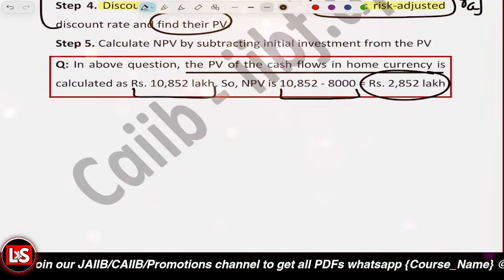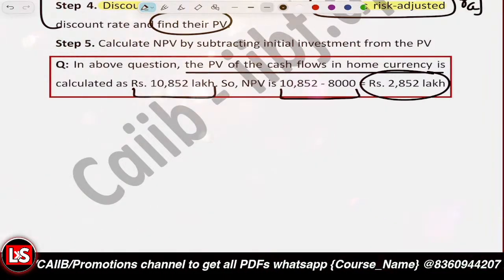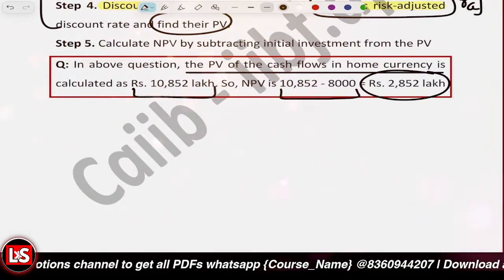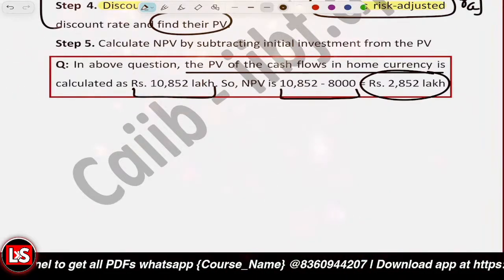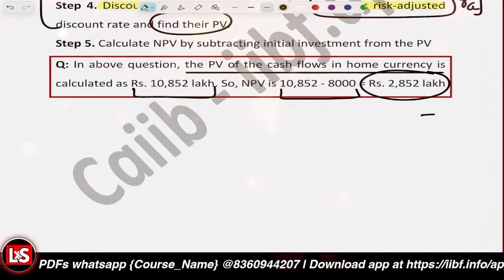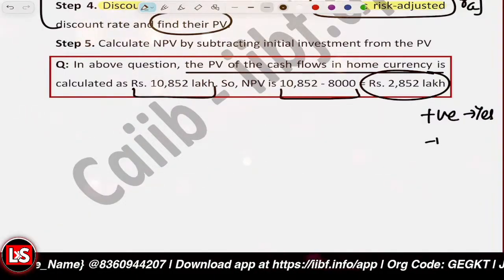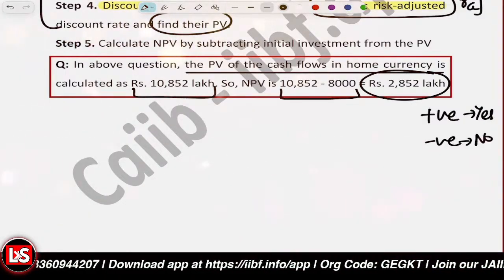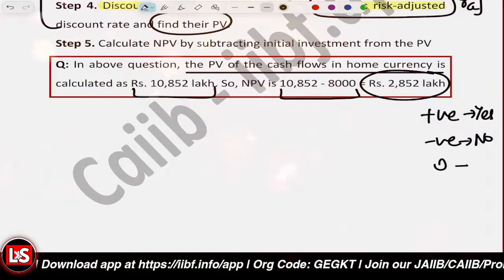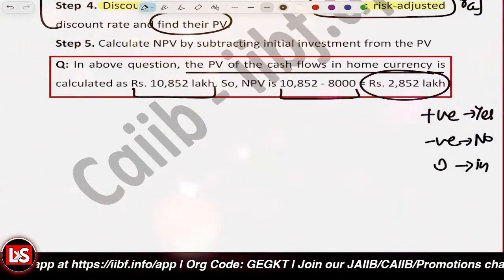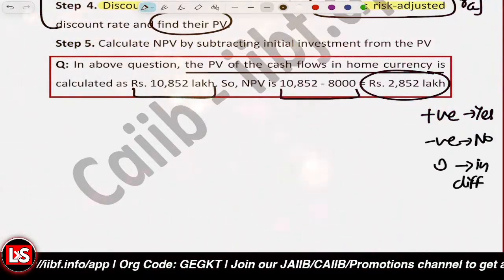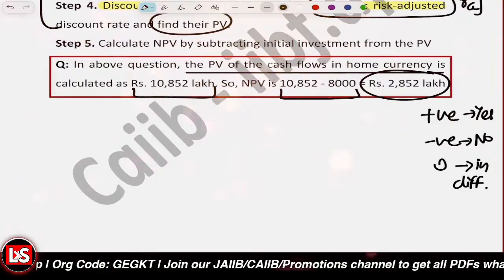What was the decision-making process related to the NPV? The process was very simple. If you have NPV positive, then yes. If negative, then no. If zero, then it was indifferent.